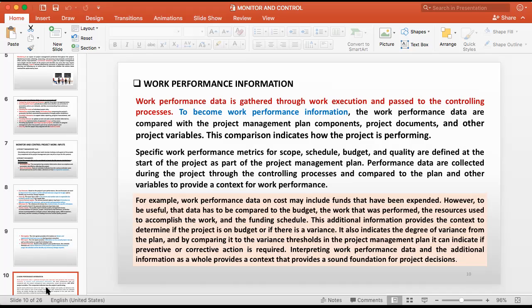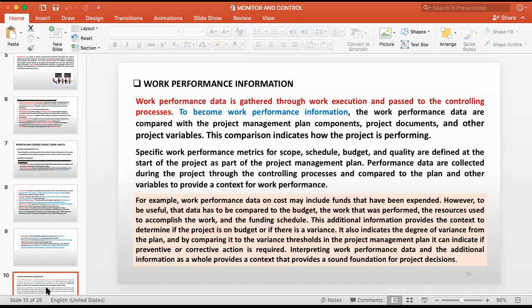To become work performance information, the work performance data are compared with the project management plan components, project documents, and other project variables. This comparison indicates how the project is performing. For example, work performance data on cost may include funds that have been expended.